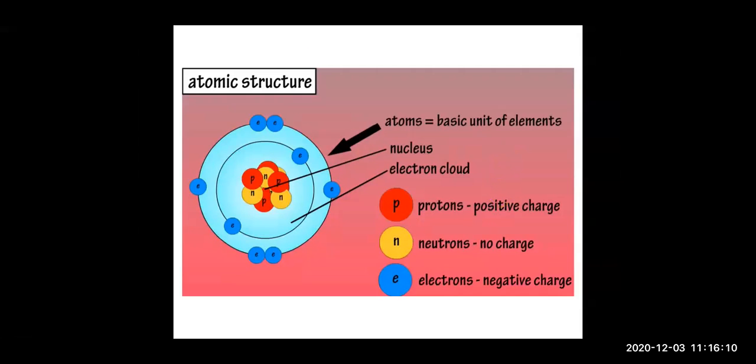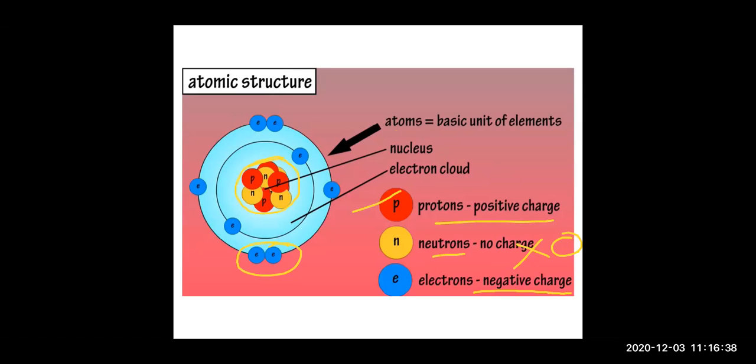Now the protons are positively charged particles which are present in the nucleus. Along with the proton, neutron is also present, but neutron does not have any charge, that is zero, right? Now the electrons which are revolving around the nucleus in the orbit are negatively charged.